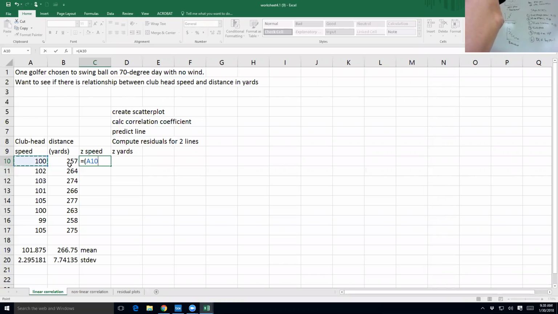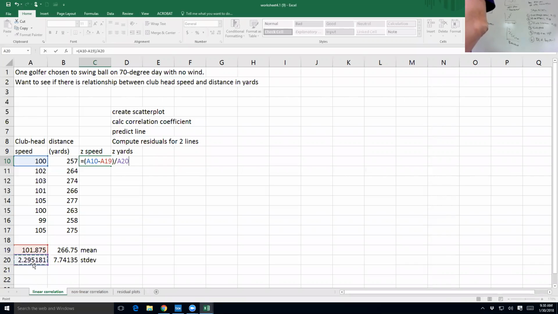We're going to do this for every single data point. And then what am I going to subtract? The mean. What's my mean? 101.875. Then I'm going to close my parenthesis and divide by the standard deviation, which is 2.29. Very good. Okay, is that correct?